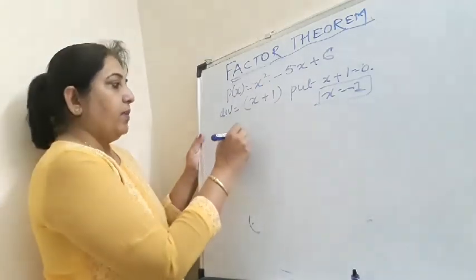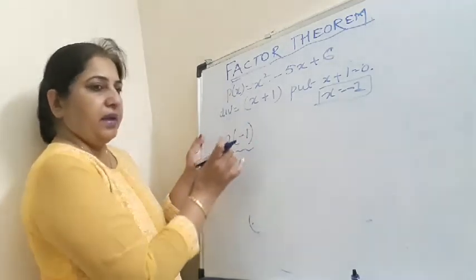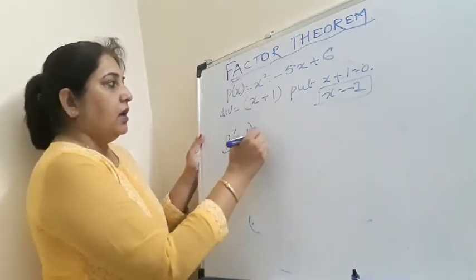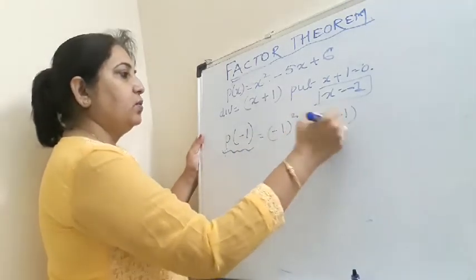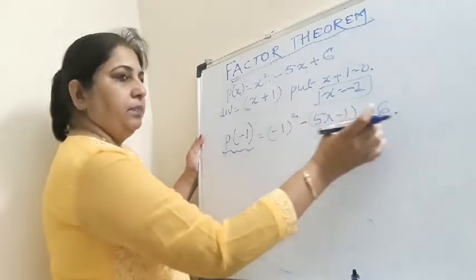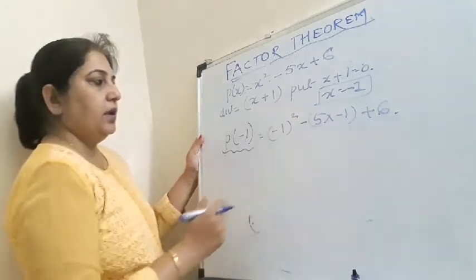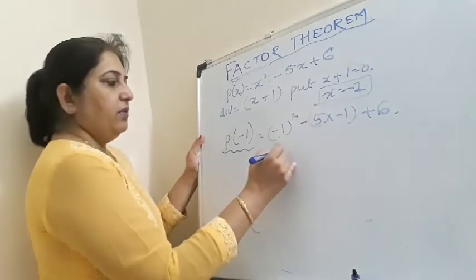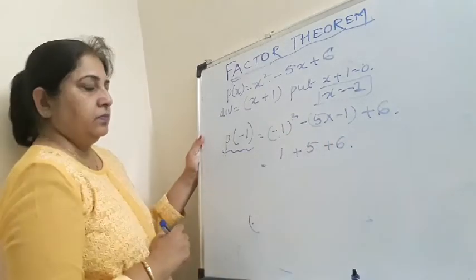So p of minus 1, don't forget to write this. Every step, every part of the question is important, and therefore it is (minus 1) square minus 5 into (minus 1) plus 6. And see that you put it in the bracket so that you are clear with the different terms given in the polynomial. Minus 1 square will be 1 plus 5 plus 6.